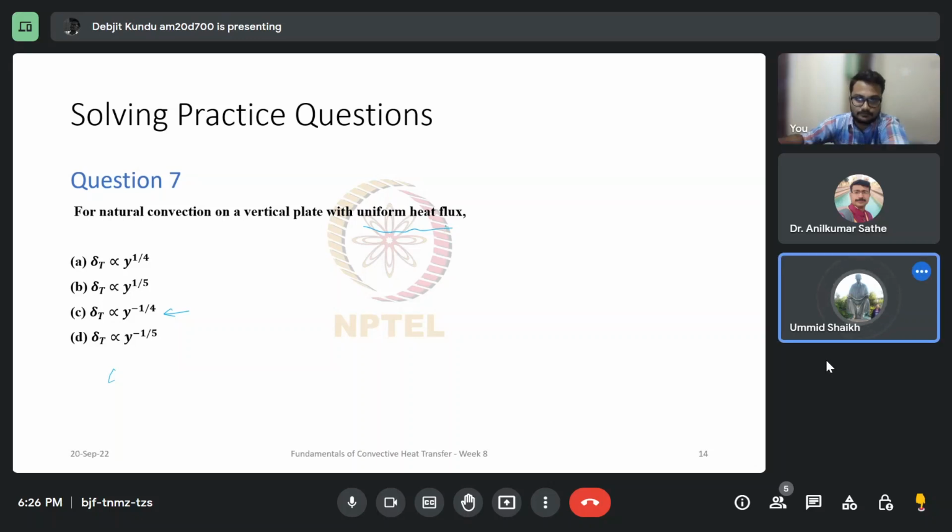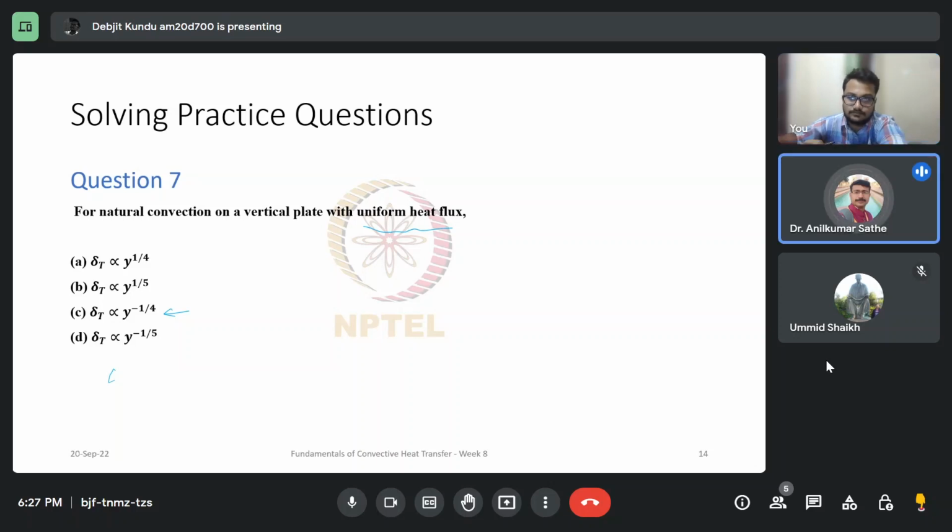Heat flux is of the order of y raised to minus 1 by 4. But C only, right? Yes. Okay. Any other answer? No idea, sir. I haven't.